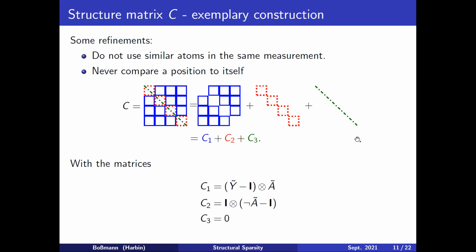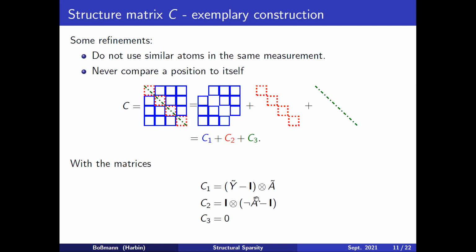And you can improve the matrix a bit by saying, first, on the diagonal, we only want to have zeros, because we don't want to compare one pixel in our reconstruction with itself. That's not a valid pair. The second thing you can do is, the C1 matrix is basically exactly the same as I've shown you before. This minus I here is just to remove all the entries from the diagonal blocks, from the red blocks here. And then the matrix C2, you see here, is the opposite of what we have seen before.